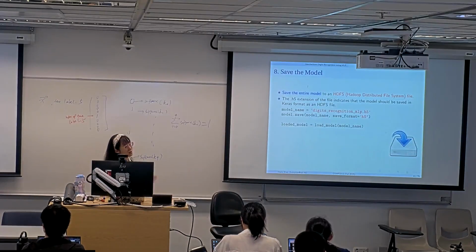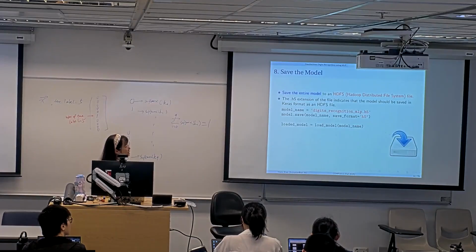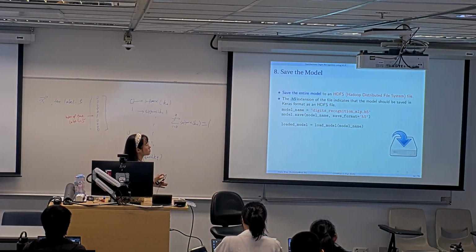Next, we save the model because we find that our model performs quite well, and we can use it later. So we save the entire model into an HDF5 file, the Hierarchical Data Format. We use the .h5 file extension to indicate that it should be saved in this format.